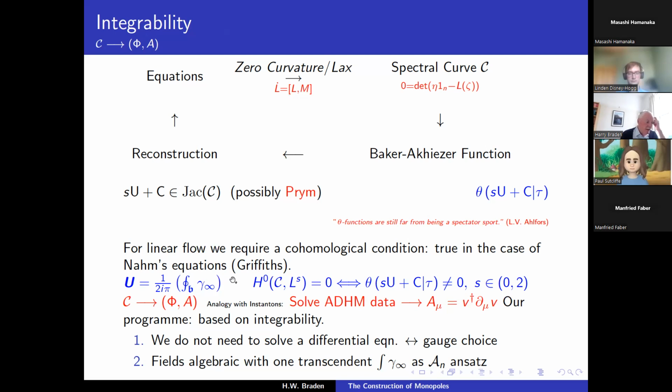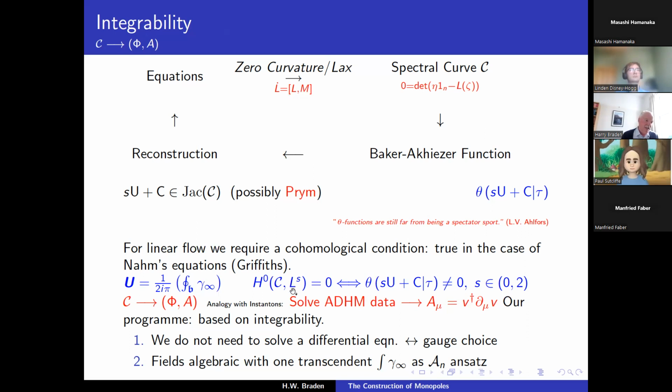It was that winding vector u, and all of the complicated expressions I've given in terms of cohomological data have analogous, straightforward expressions in terms of the theta functions.